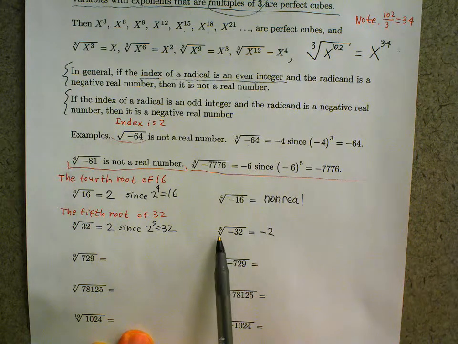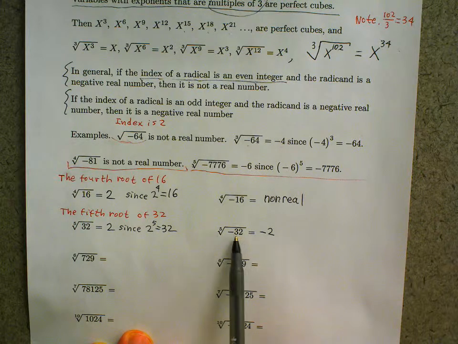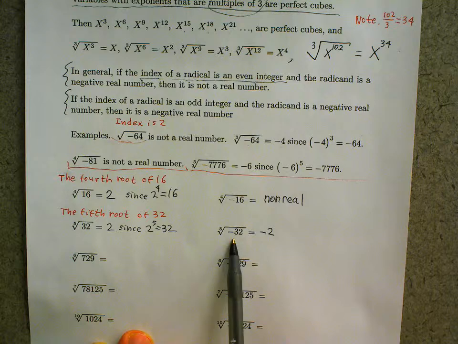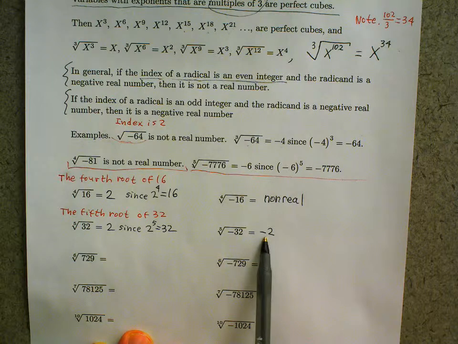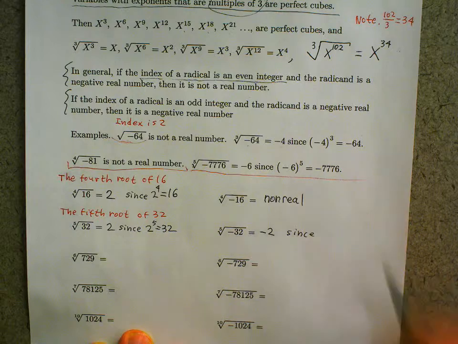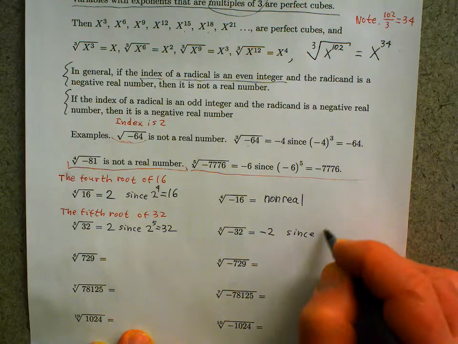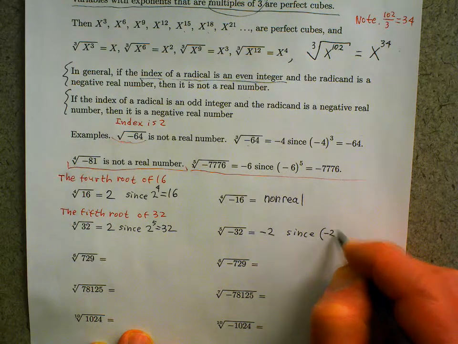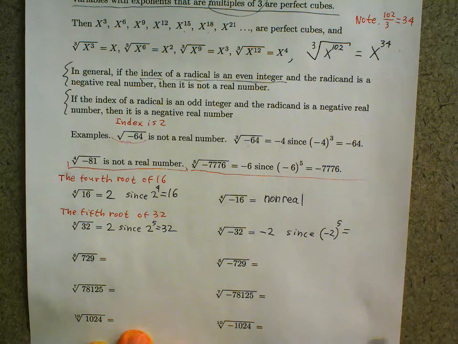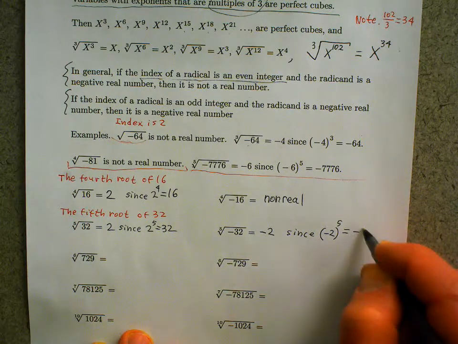Remember that if the index is odd, like 5, and the radicand is negative, then the fifth root of a negative is a negative number, in this case, negative 2. This is true because if you raise the number negative 2 to the fifth, that's equal to negative 32.